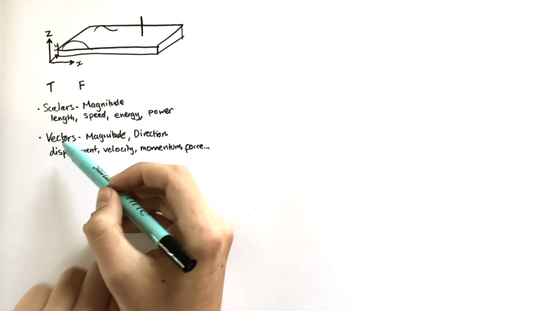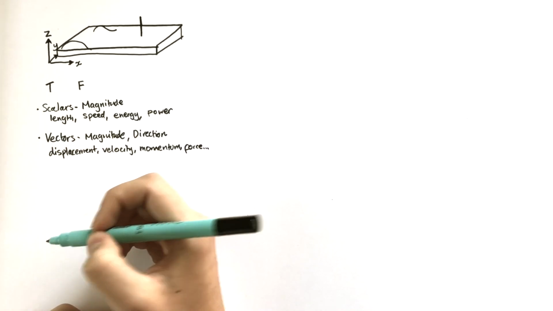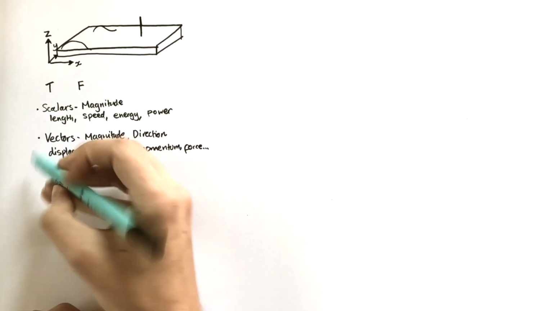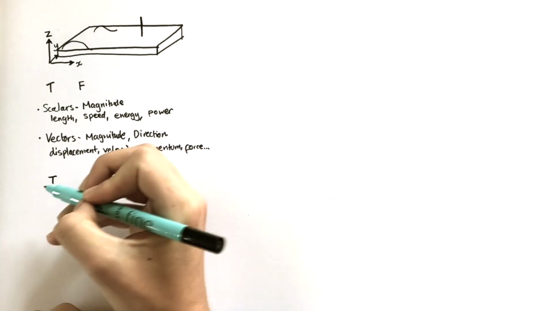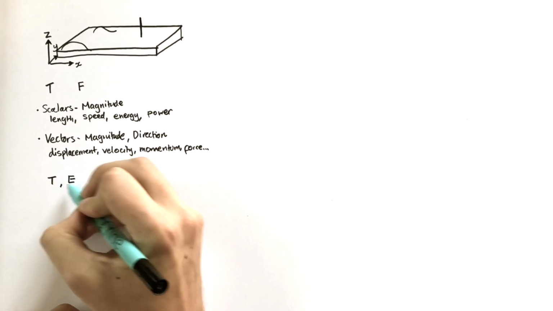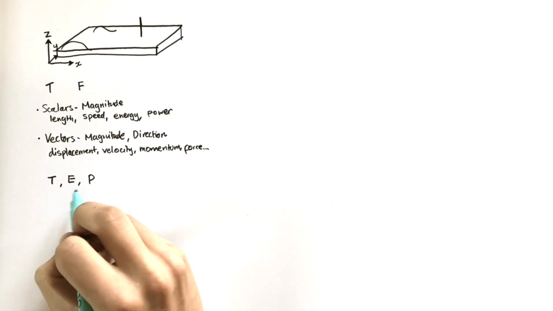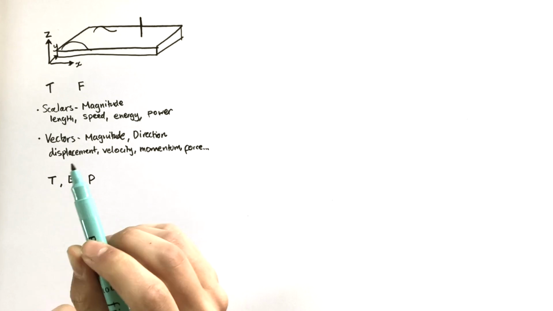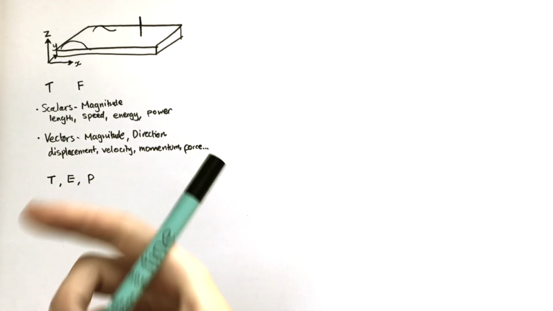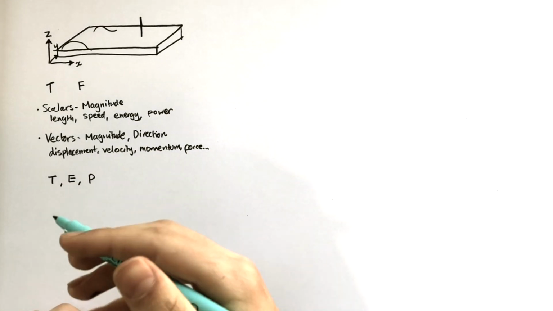Now, how do we distinguish between vectors and scalars typically? Well, say we take a scalar like temperature. I could just write the symbol T, or we take another scalar like energy, we just write the symbol E, or power, just a lowercase p. We just simply denote them like that. Typically, vectors we denote slightly differently, and we do this to show that they're actually a different mathematical type of object.